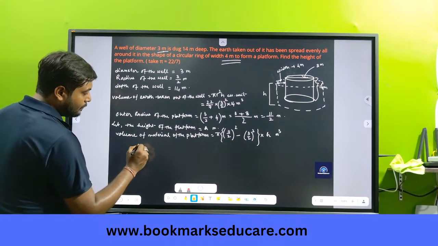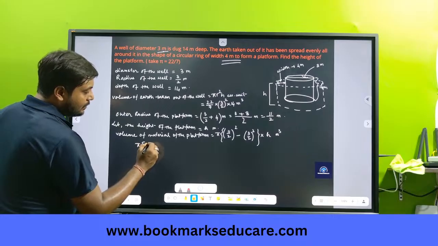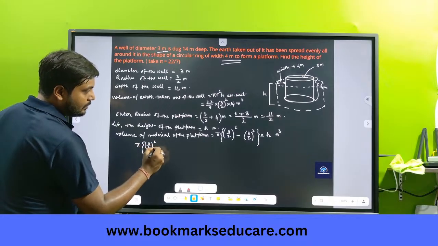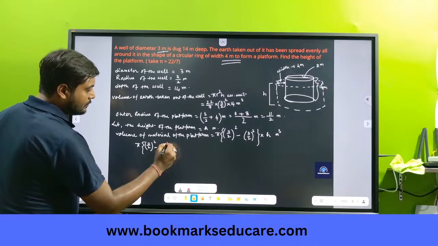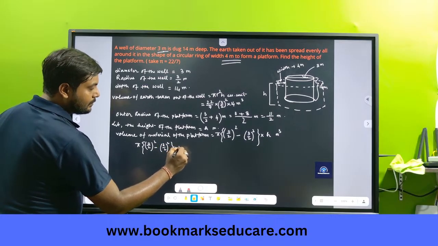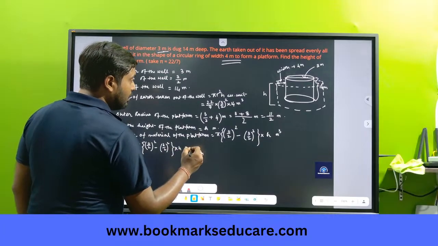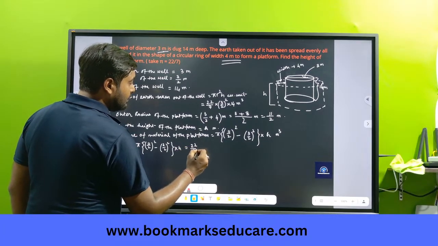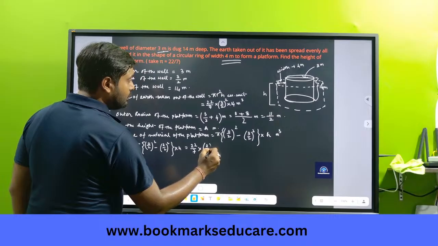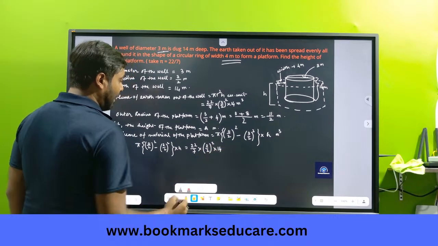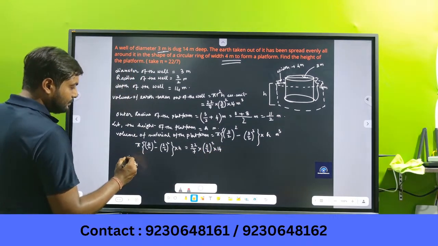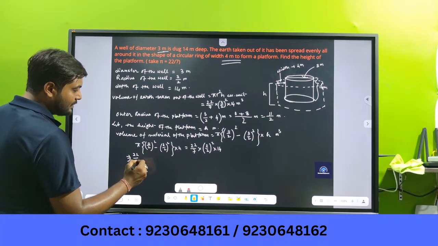So pi into h equals 22 by 7 into 3 by 2 whole square into 14. Now we'll solve it. Pi is nothing but 22 by 7.